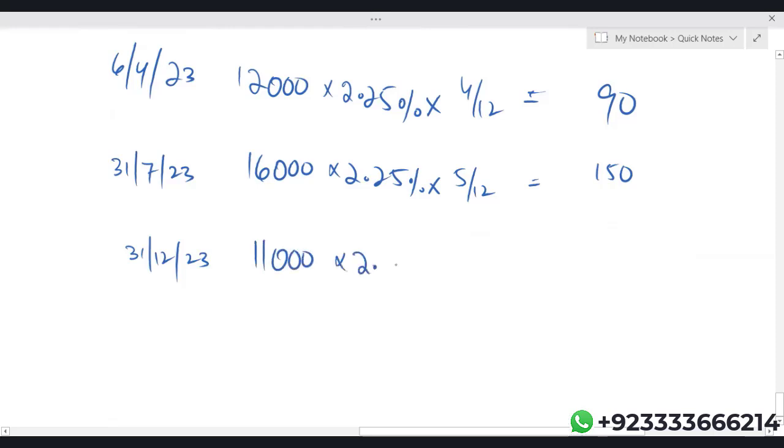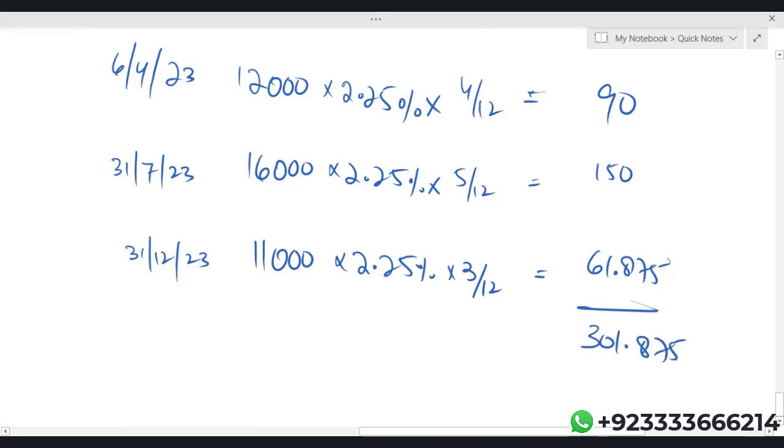So 11,000 into 2.25%. Students, I'm getting 61.875. Let me recheck. Yes. Add 150 plus 90 plus 61.875, that is 301.875.